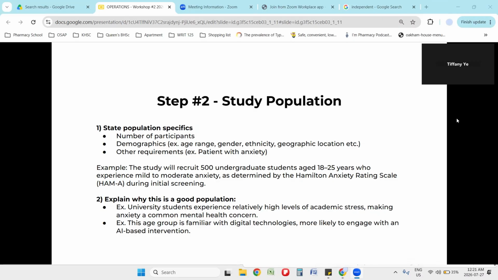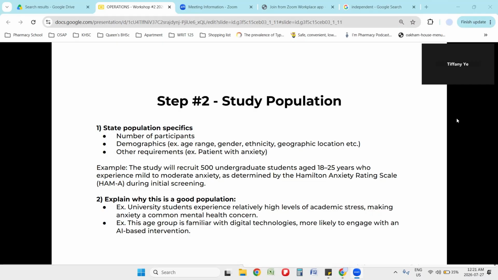Additionally, when you're choosing a study population, you should also explain why your chosen population was a good choice for your study. So, for example, if you decided to choose university students as your study population, you could say that this was a good choice because they experience relatively high levels of academic stress, making anxiety a common mental health concern.